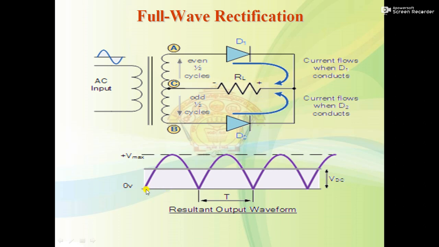So remember, this is your output signal. This part of the signal you get during the positive half cycle of the AC input supply, and this part you get during the negative half cycle. Remember that during either the positive or negative half cycle, any one diode is conducting, any one diode is a closed switch, an on switch. So you get some amount of voltage at the output side.